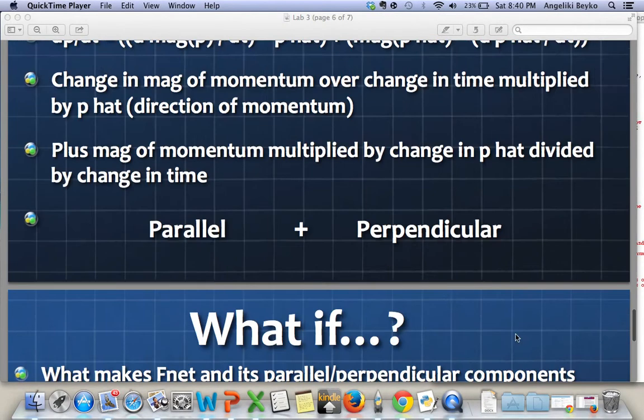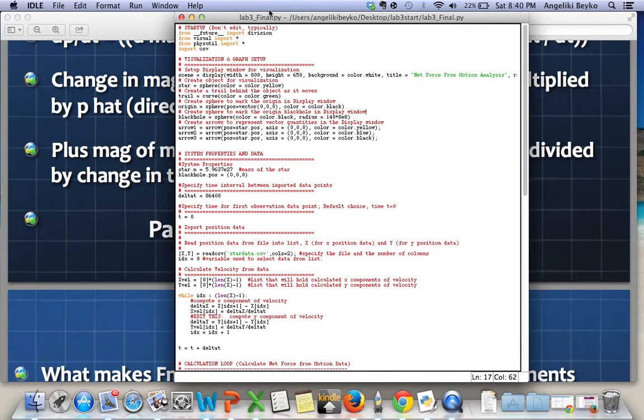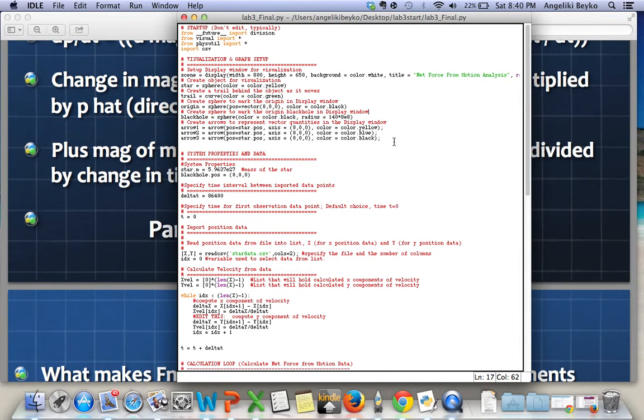So now we're going to take a look at the code and then run the program. Here we set up the visualizations. We added the black hole in the center.